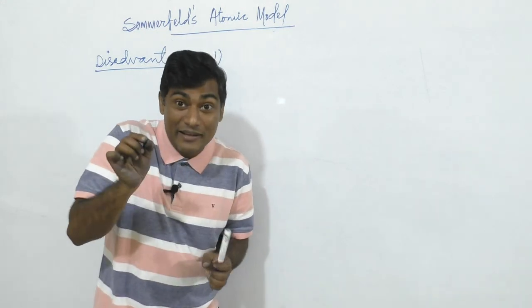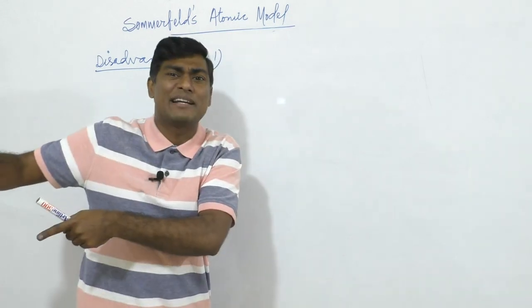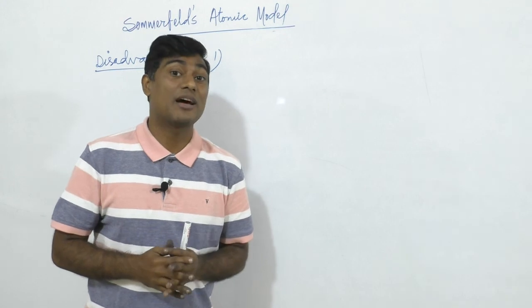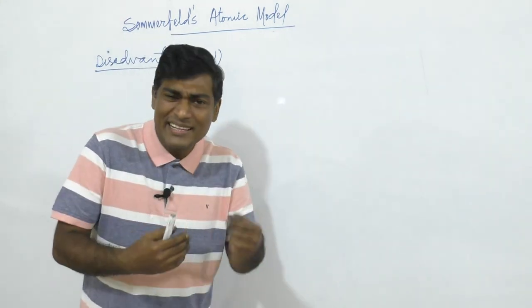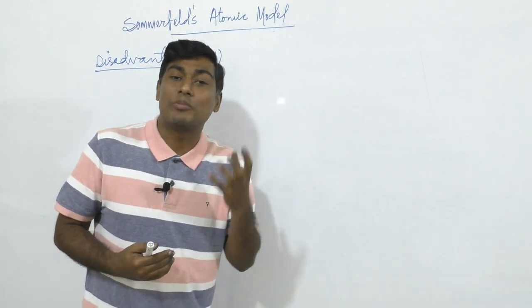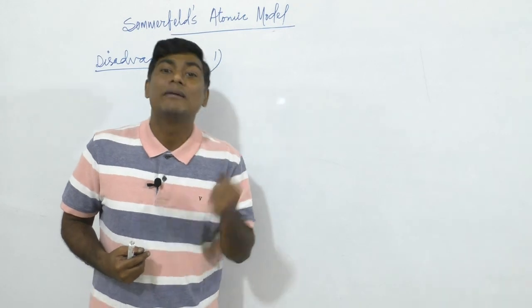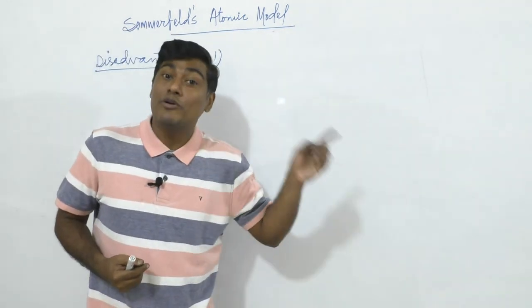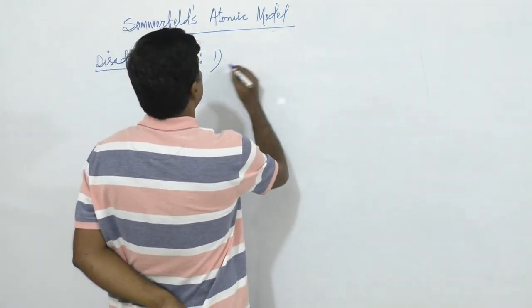Very fine lines, then fine lines, very thin fine lines made by the Zeeman and Stark effect related to orbitals. Why these very fine lines are obtained in the spectrum could not be explained by Sommerfeld also. Bohr could not explain, Sommerfeld also could not explain the very fine lines in the spectrum.